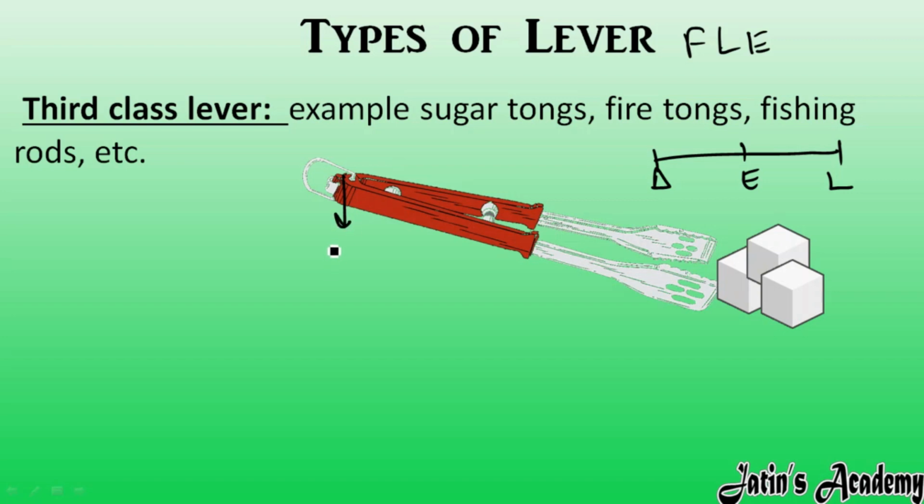Here we are going to apply the load, means from here only we are going to pick up the sugar. This is a load, and in between here we are going to apply the force. This is known as effort. So see carefully, effort is in center. Effort is in center means this is which kind of lever? It is a third class lever, okay?